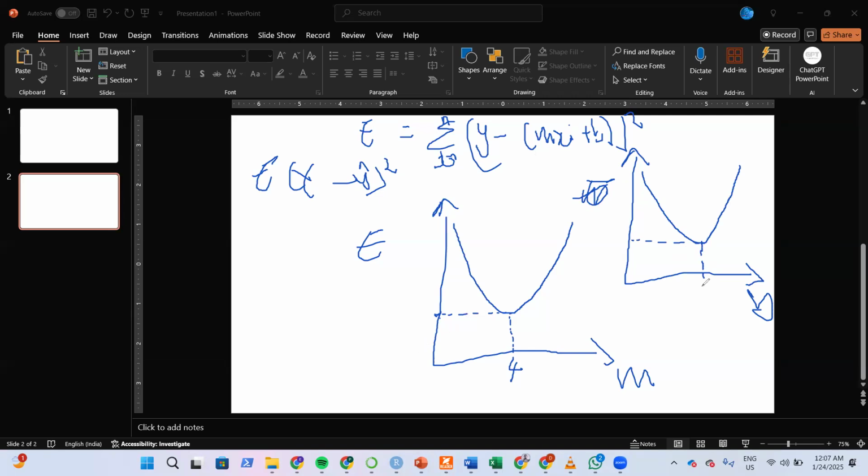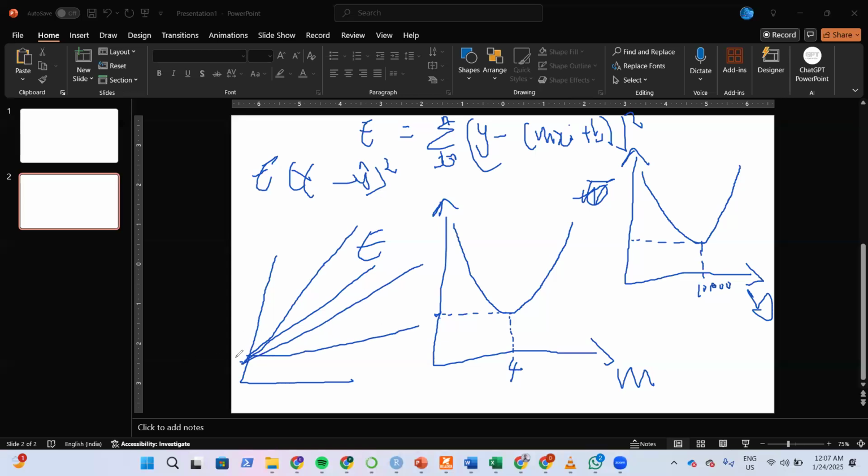Let's say the value of b here is maybe 10,000. If b is constant, that means my y-intercept is constant, so I can have lines with different gradients, but all cutting at the same point.